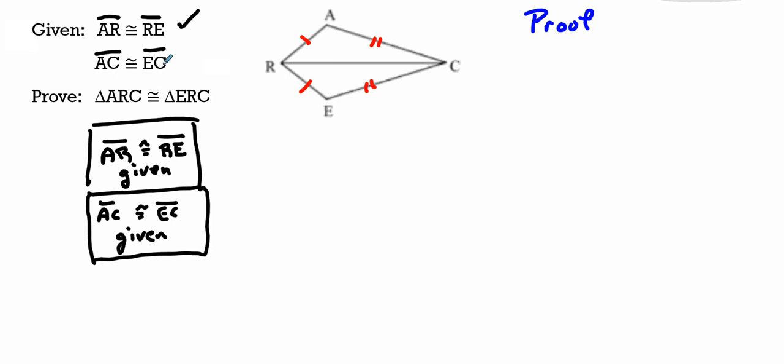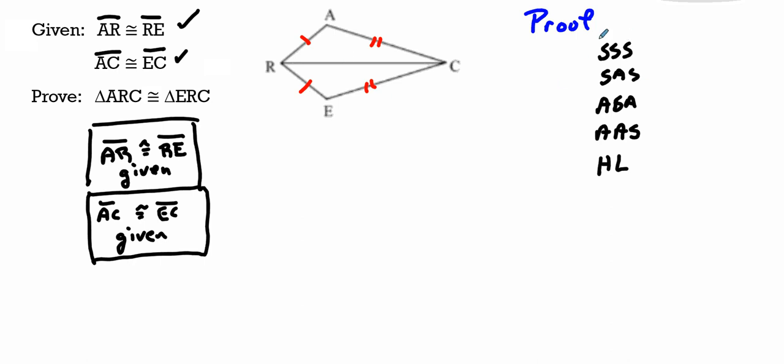So we're trying to prove that these two triangles are congruent. We're trying to get to side-side-side, side-angle-side, angle-side-angle, or angle-angle-side, or hypotenuse-leg, but we're pretty certain that's not hypotenuse-leg. We don't know anything about that being a right triangle.